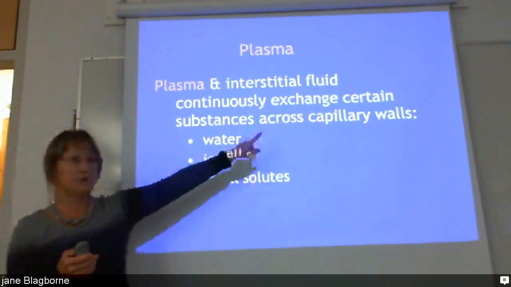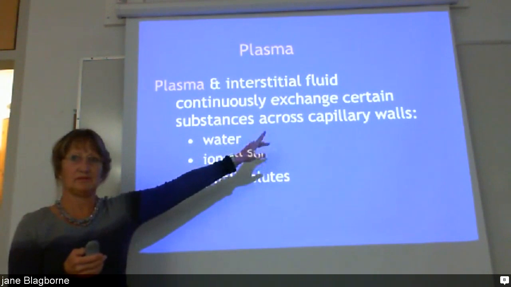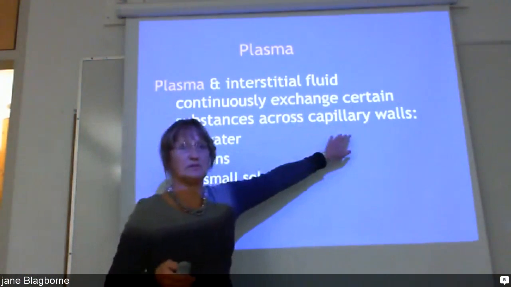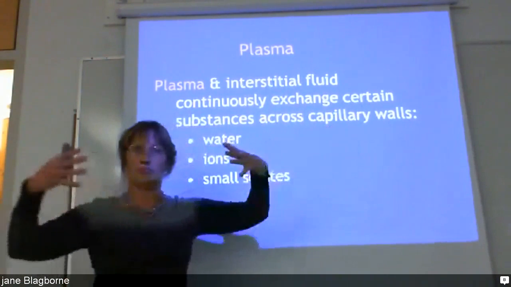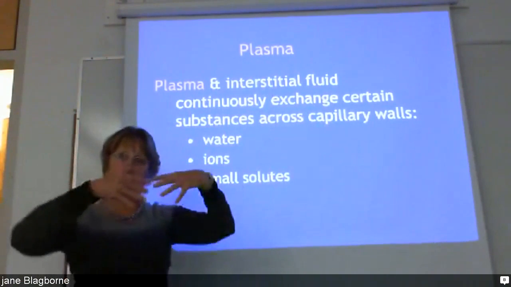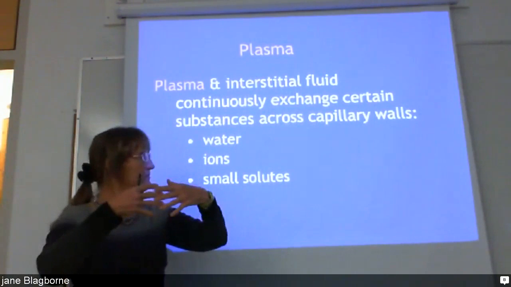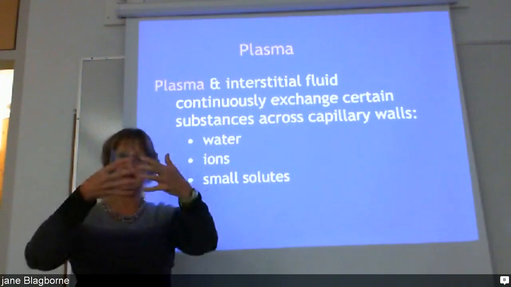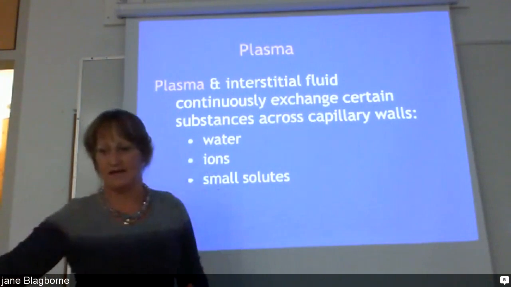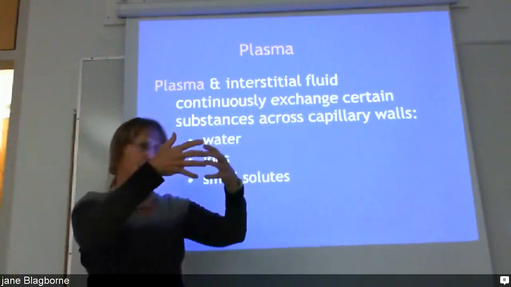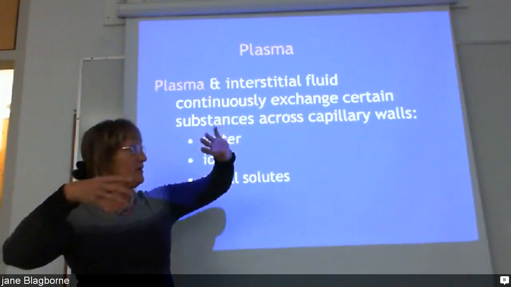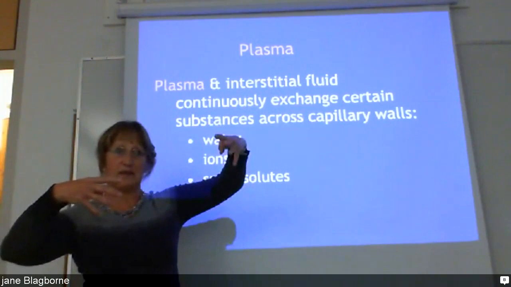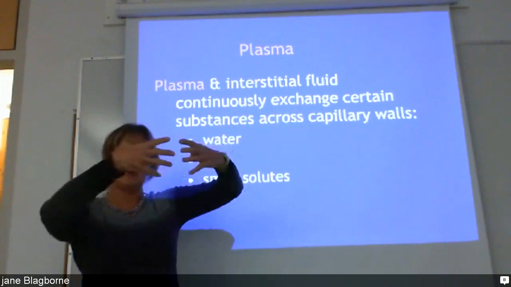So you guys know what capillaries are? Capillaries are the smallest part of your circulatory system, and they intersect like that. You've got your red blood, your oxygenated blood coming in, and they intersect.